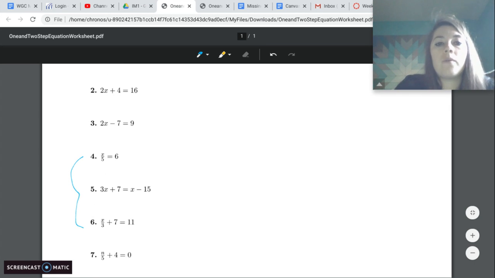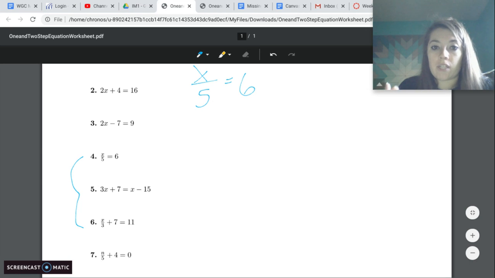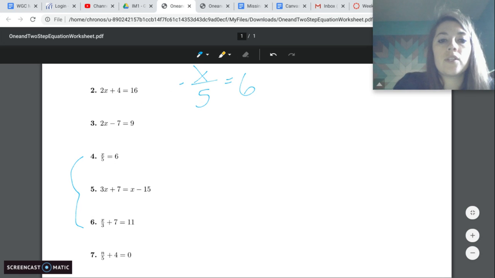For the first one, we have x divided by 5 equals 6. To undo division, because that's what you need to think about when solving these, how do I undo what's happening here? To undo the division between the x and the 5, we're going to multiply.